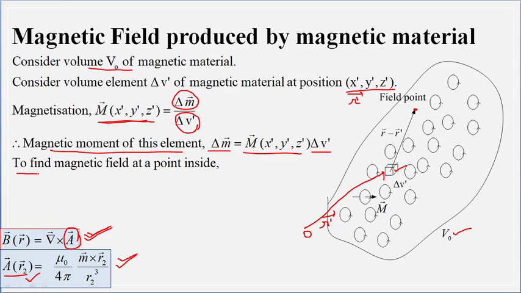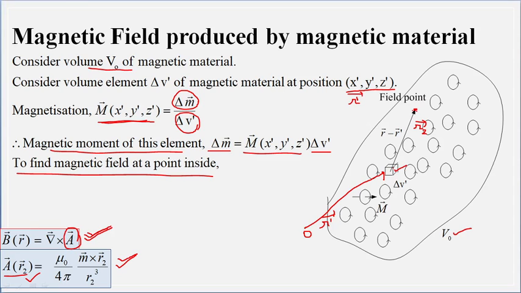So let us find the magnetic field at a point inside. At this point, in this magnetic vector potential, this R2 is this distance, the distance of the element to the point.